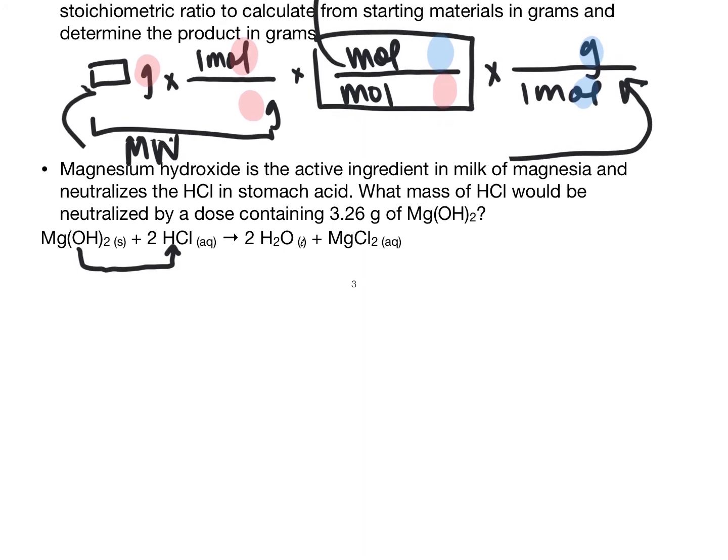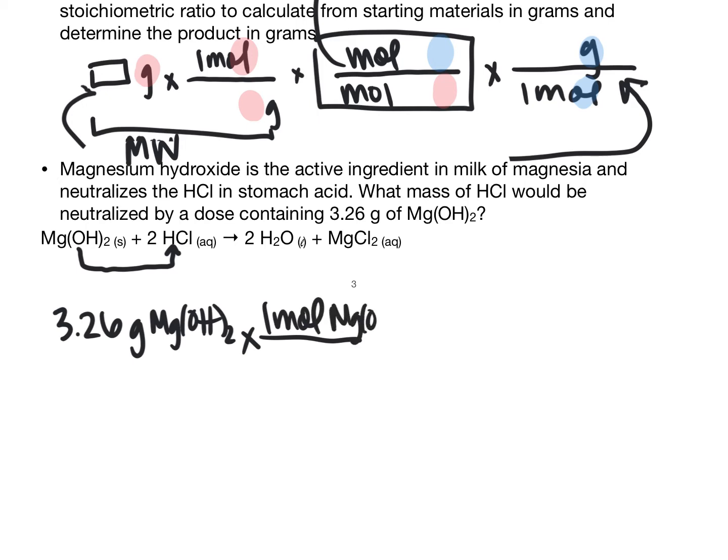So we want to take our mass of magnesium hydroxide. So we're going to go 3.26 grams of Mg(OH)2. And now we need to convert that using the molar mass. So for magnesium hydroxide, in 1 mole of Mg(OH)2 there are 58.33 grams.